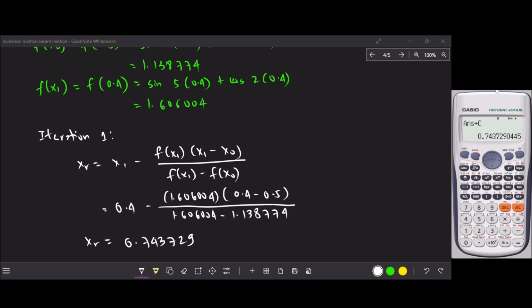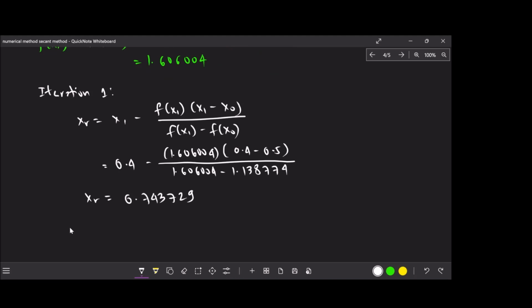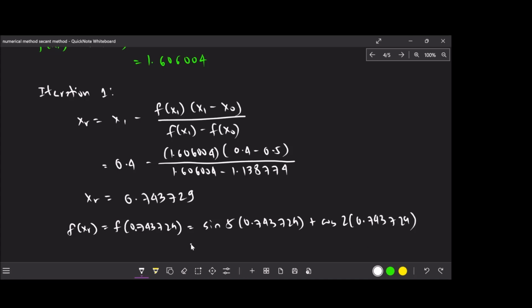So C. Okay. Then I will also try to get the f of xr, which is equivalent to f of 0.743729. So we substitute to the given equation. We have sine 5x, so sine of 5 times 0.743729 plus cosine 2 times 0.743729.